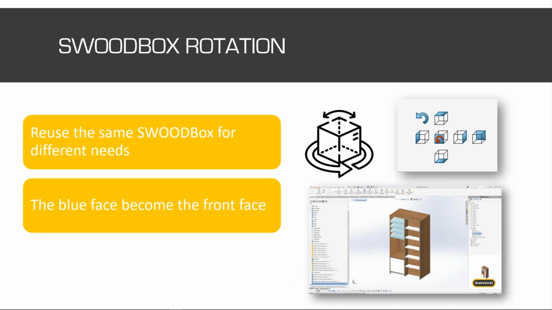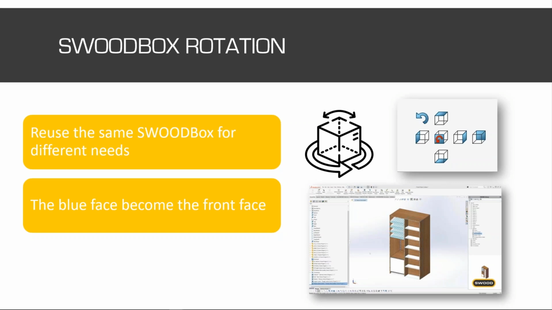So now, as for the SWOOD box rotation, we are able to rotate all the SWOOD boxes, and the benefit of this is that you will be able to adapt one design to a different situation and into different designs, and this way you will also capitalize on your designs.